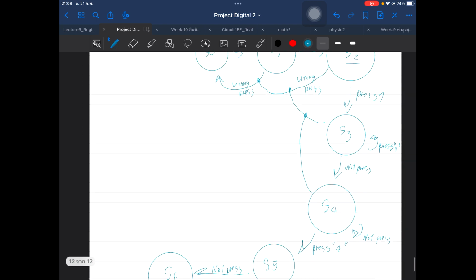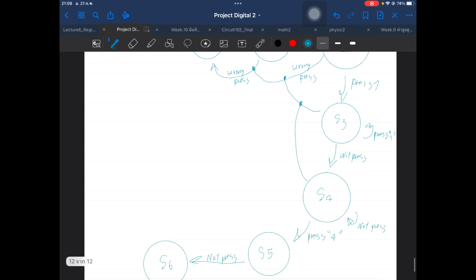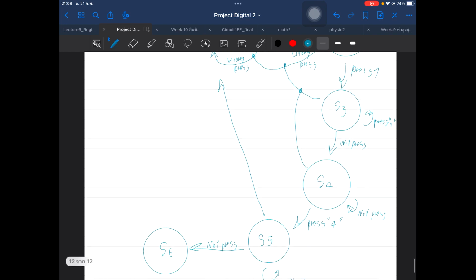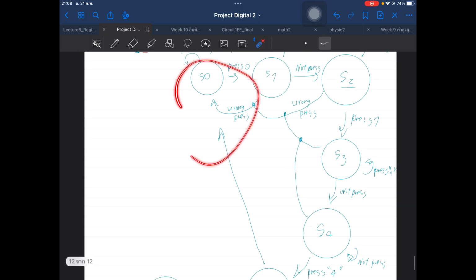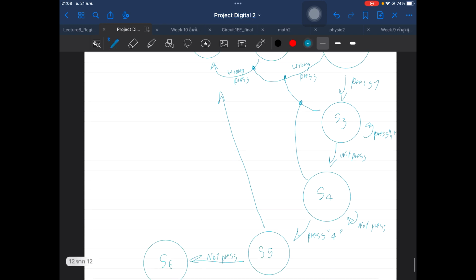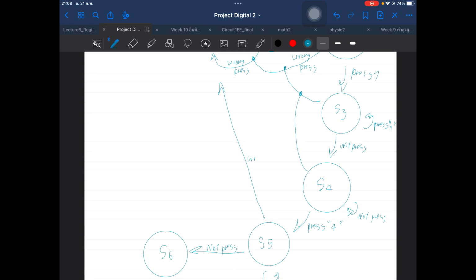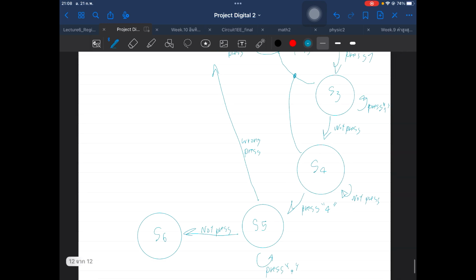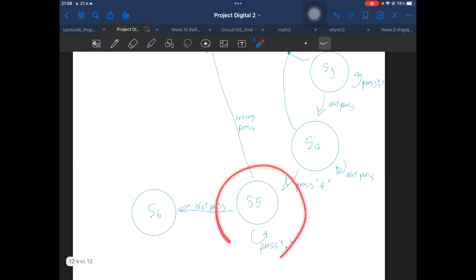But if you press the wrong number, it will go to state 0 immediately. And this is all of state 5.